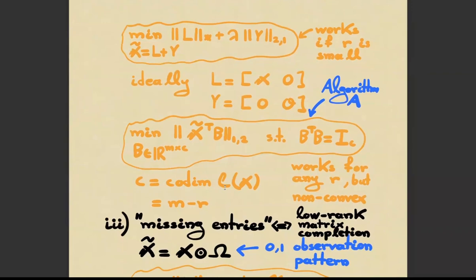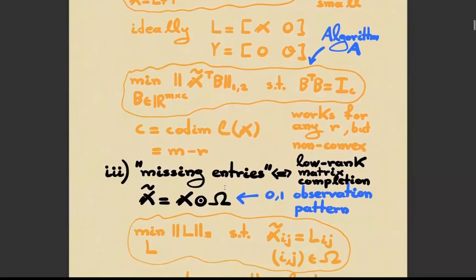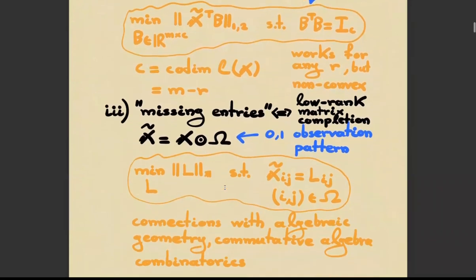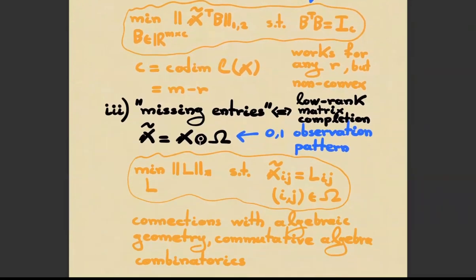A third kind of corruption that has been considered is missing entries. So we have our ground truth matrix X, but we partially observe it on a mask omega. Here, omega is a matrix of the same size, but it is a 0-1 matrix, and this is the Hadamard product, the element by element product. What it does is keep the entries of X indexed by the elements of omega, and at other locations it puts zeros.